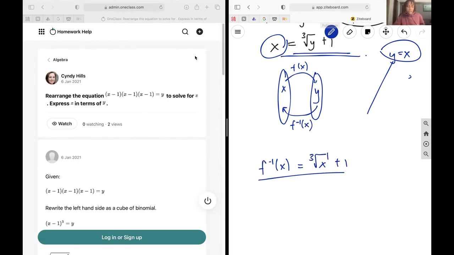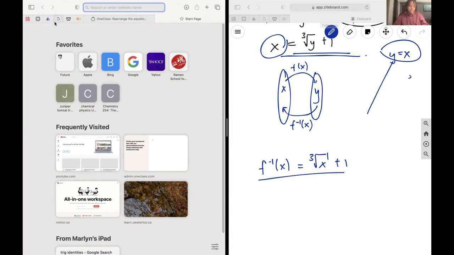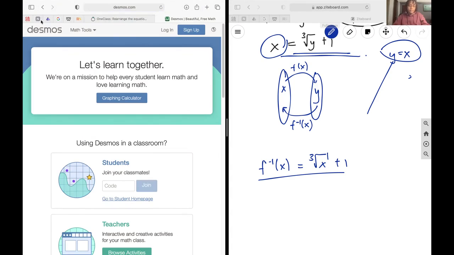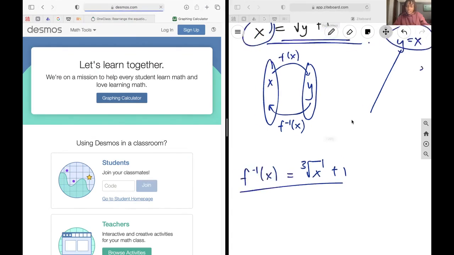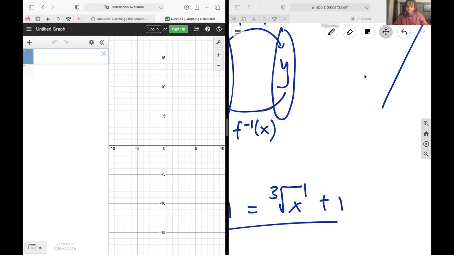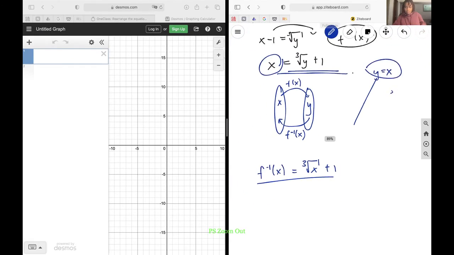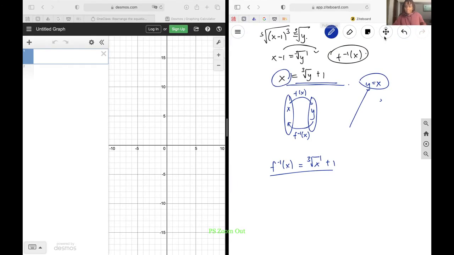And so let's just see what's happening graphically here in this case.